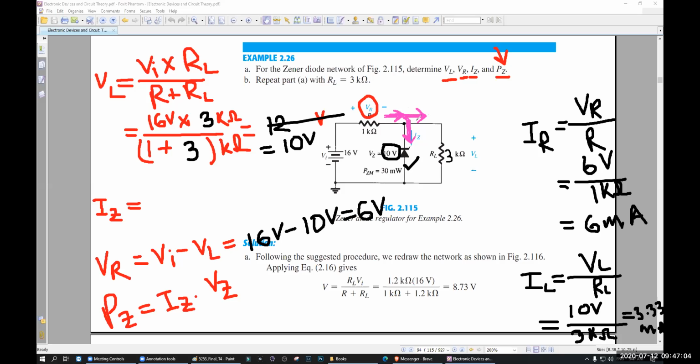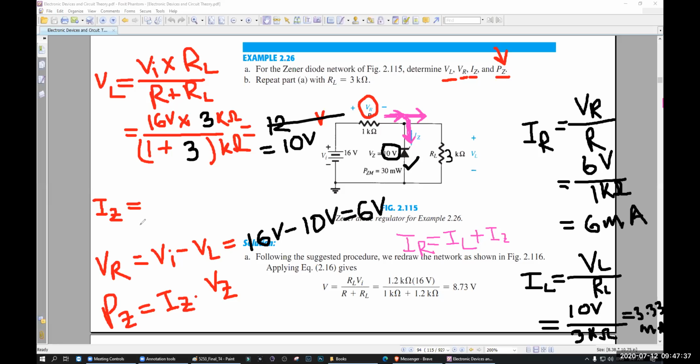It is dividing into two parts. One is IL, another one is IZ. So can we call IR equal to IL plus IZ? We can definitely call it. So from there, can we take the IL there and write IZ is equal to IR minus IL? I believe, of course, we can.